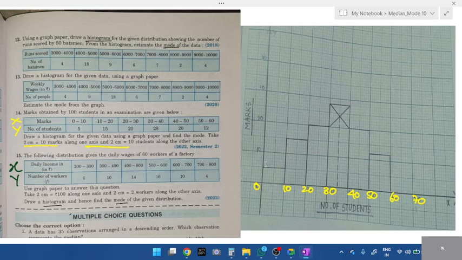I don't know which graph you are using. 2 centimeter. The one with the big box.